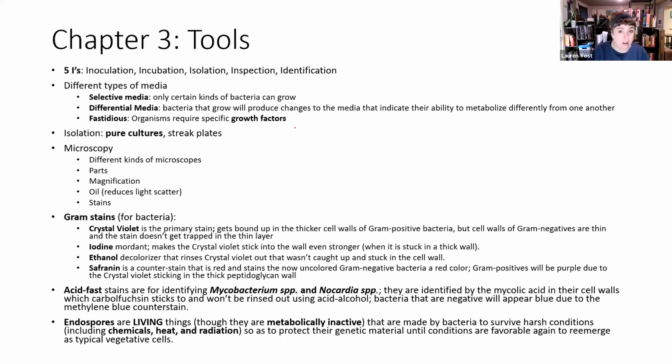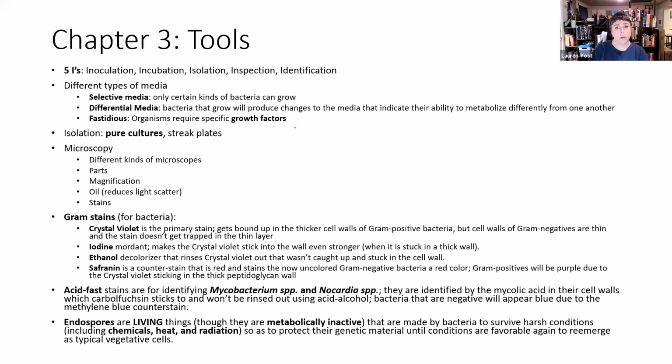And if they can utilize that sugar, they will create an acid byproduct. And there is a pH indicator called phenol red in that media that is a reddish orange color. If you make acid, that reddish orange indicator will turn bright yellow due to the pH change. So that tells you that this organism can utilize that sugar. Things can still grow on it and not utilize that sugar though. So that will tell you differences there.